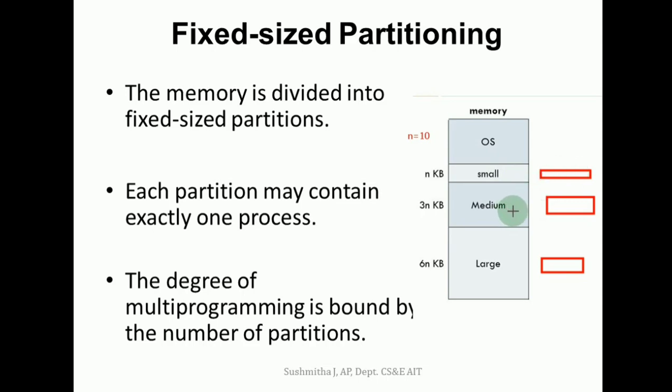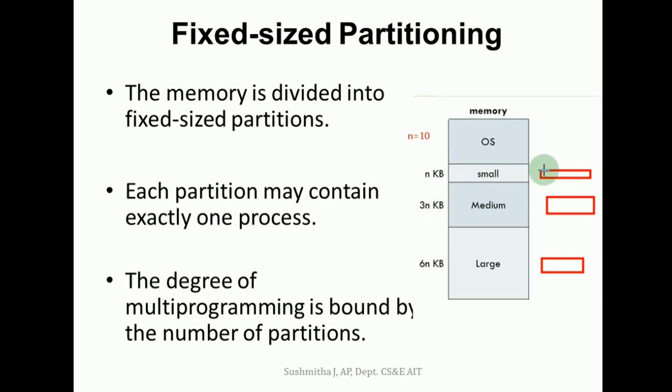If there is a process that is less than or equal to 30 KB, that will be waiting in this input queue, and if there is a process that is less than or equal to 60 KB, that will be waiting in this input queue. As we have discussed, each partition can only contain one process.